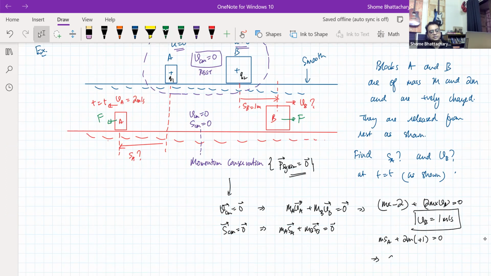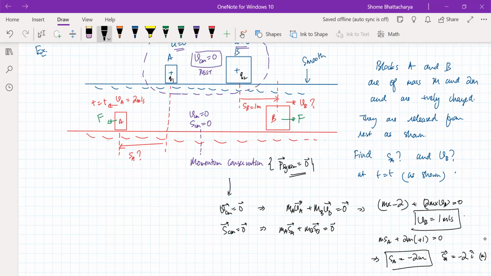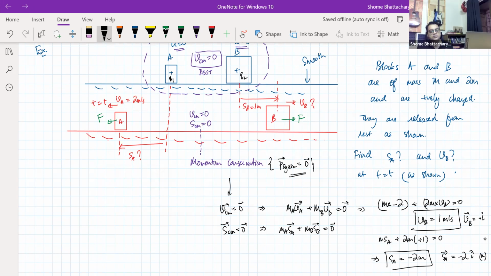So displacement of A is minus 2 meters. The minus sign is just showing us the direction. Or we can write it as a vector quantity, minus 2 i cap in meters, whereas the velocity of B is plus i cap in meters per second. So this is about application of the center of mass concept with momentum conservation.